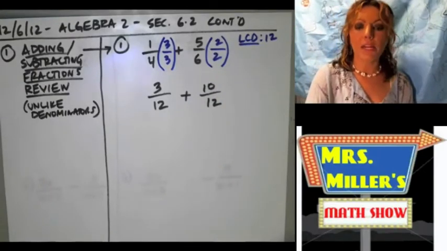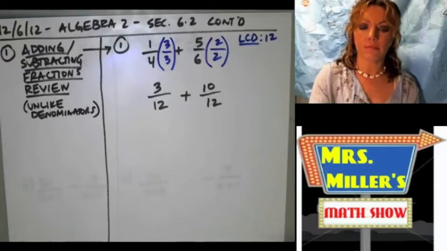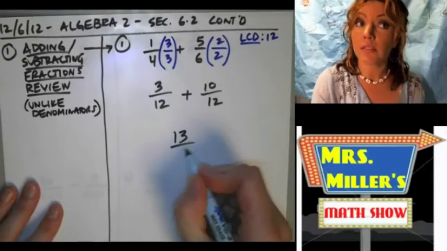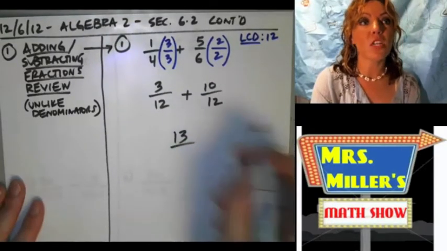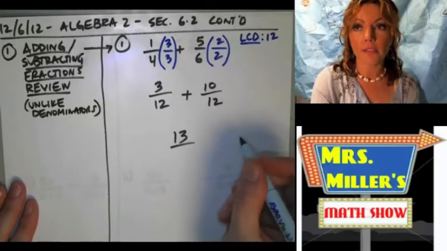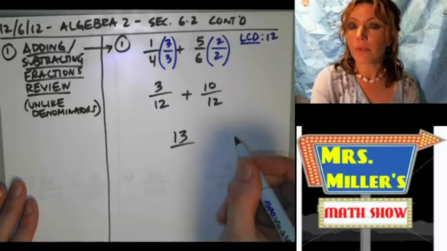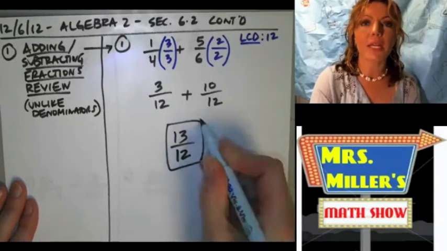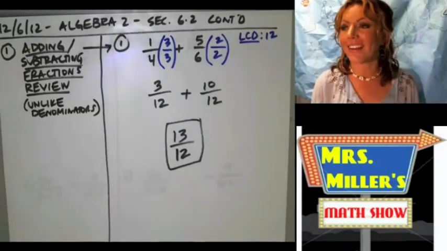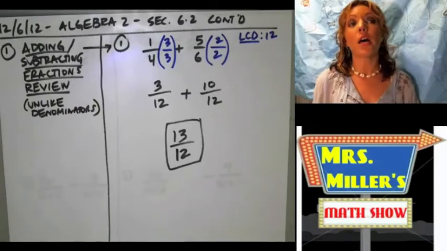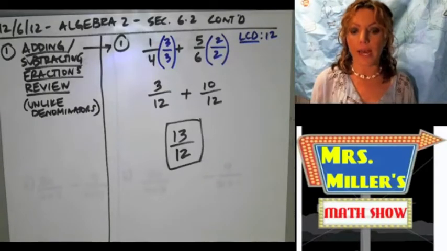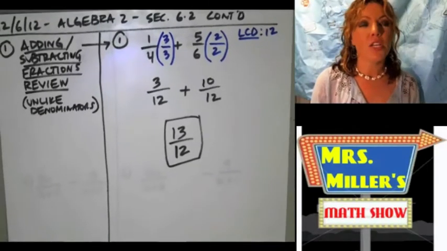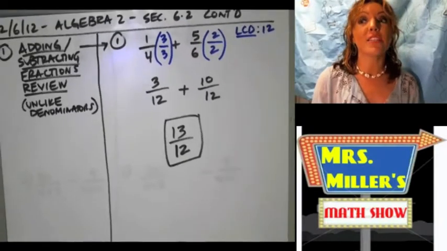What do we get? 13 over 12. Wait a minute, isn't it supposed to be 13 over 24? No. Why? Because it's a common denominator that's lower. We always keep the denominator the same. Everybody give it up for yourselves for having that knowledge. Believe it or not, there are a lot of people out there who do not know that, and they want to add those together.